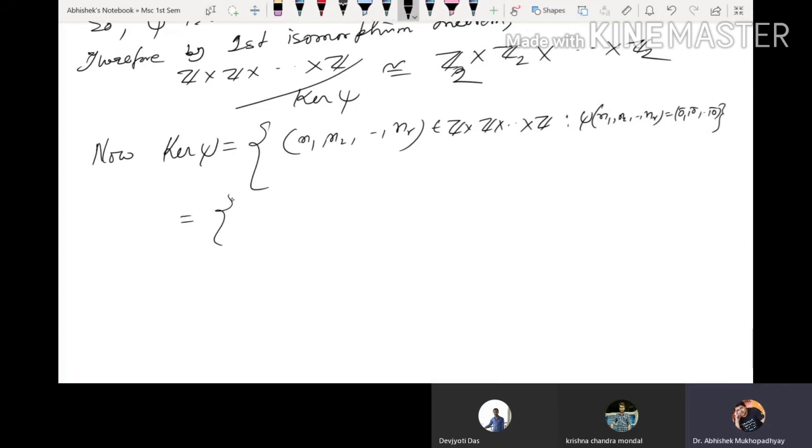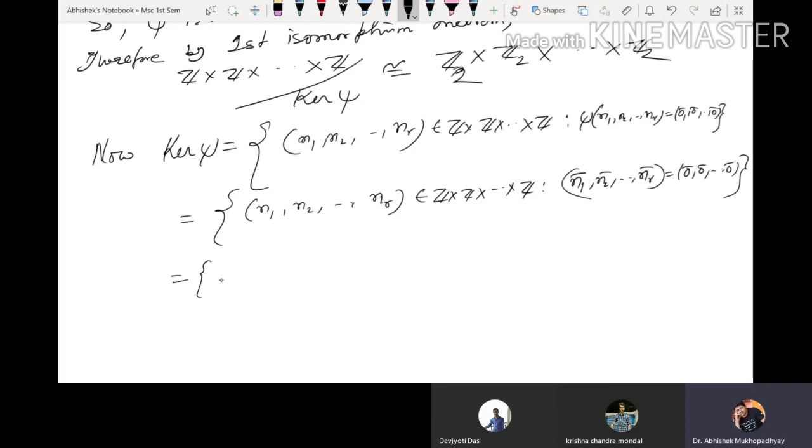That means (n1, n2, ..., nr) belongs to Z cross Z such that n1 plus, n2 plus, ..., nr plus equals 0 plus, 0 plus, ..., 0 plus. That is, the set of all those (n1, n2, ..., nr) such that the class of nk equals the 0 class for all k equal to 1 to r.